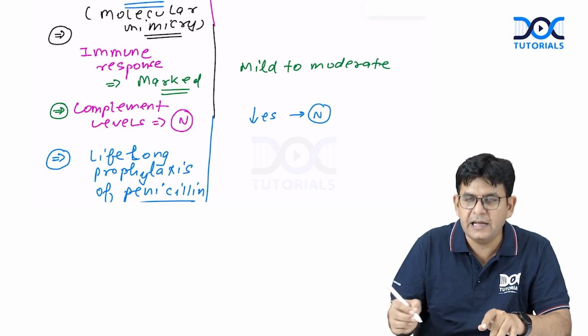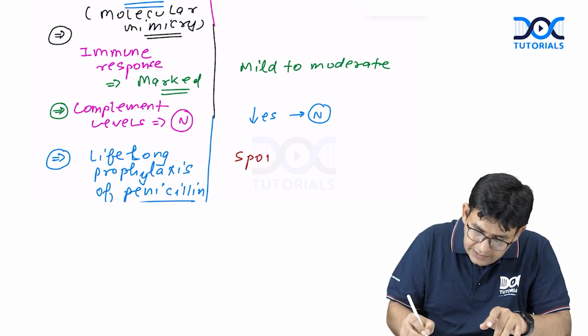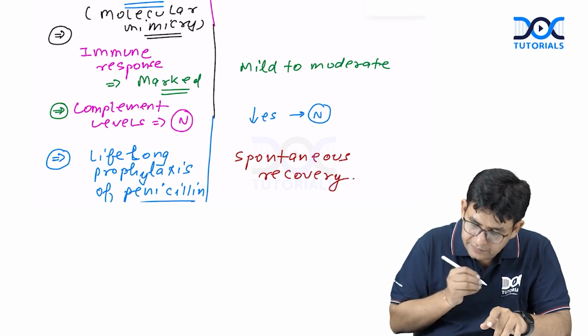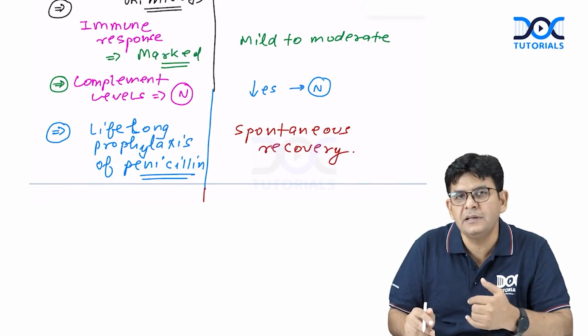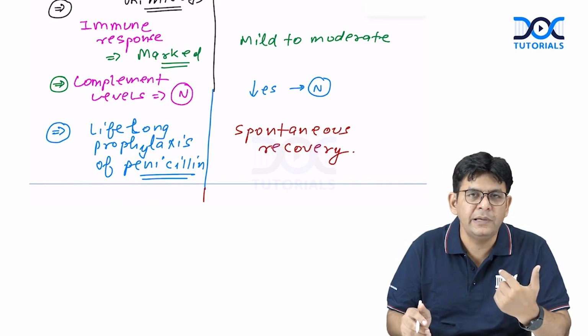Whereas in the case of AGN, there is a spontaneous remission, a spontaneous recovery. It means the person may have had nothing before. That sort of thing happens in acute GN.